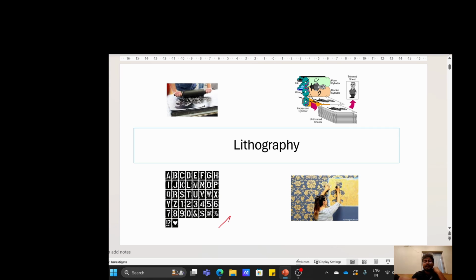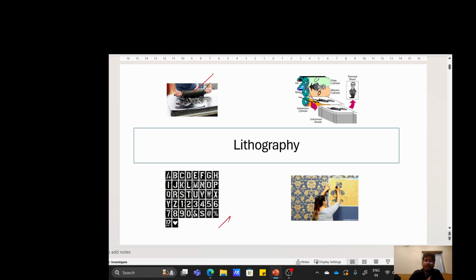Okay, so in lithography, on this cylinder there is a pattern. If we put some ink over that, there are grooves on the cylinder, that is the pattern, and we roll it over something like paper or clothes.